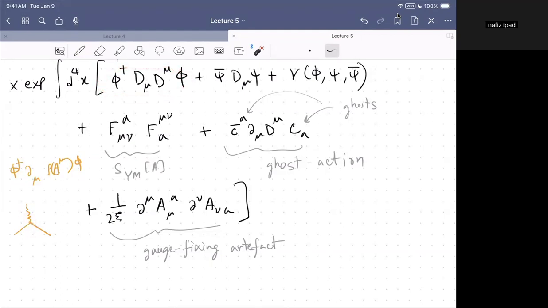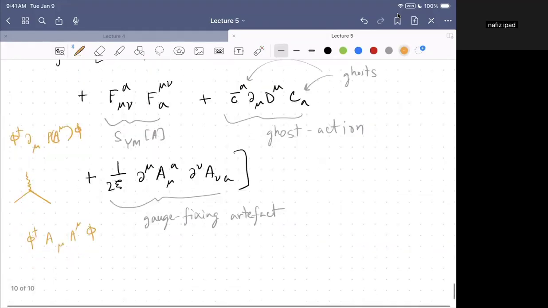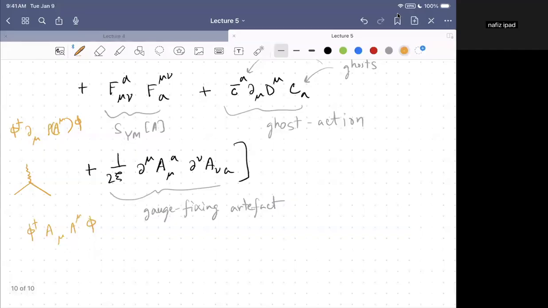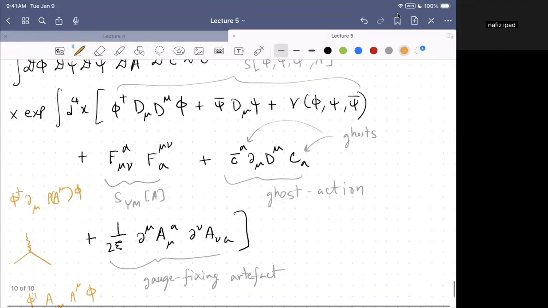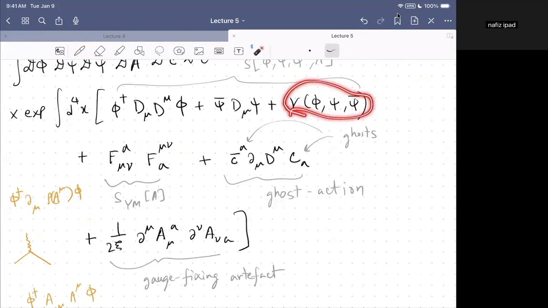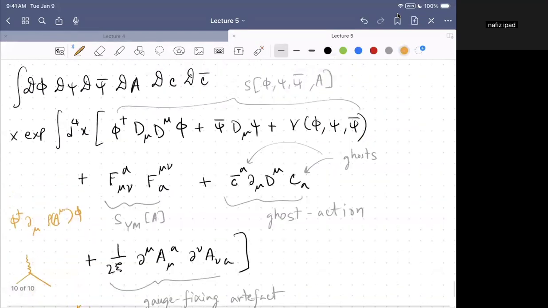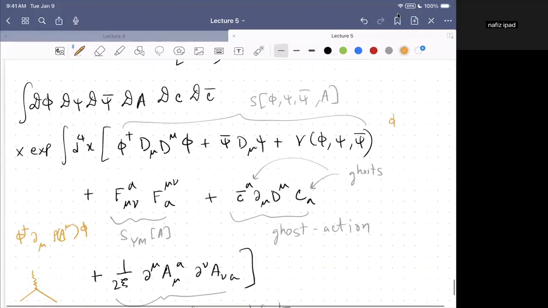But here you also have another term. You can pick the gauge field from both of these derivatives, and that gives you a term that's phi dagger A mu A mu phi. You have to take them in the appropriate representations, but okay. This gives you a new kind of interaction term. You have two scalar propagators and two gauge propagators, right? And then you can have many, many different types of interaction terms here. For example, you can have just a phi cube term, which we discussed.